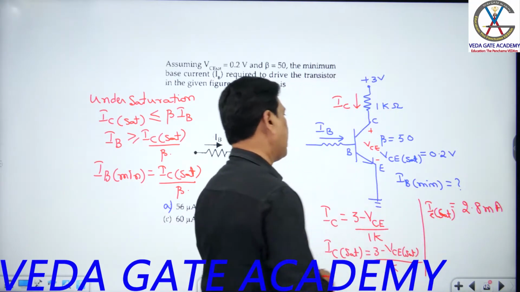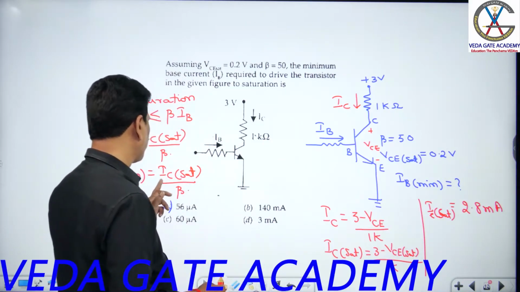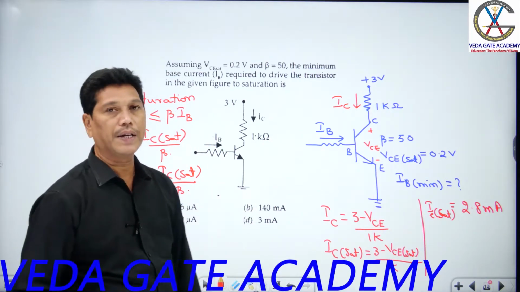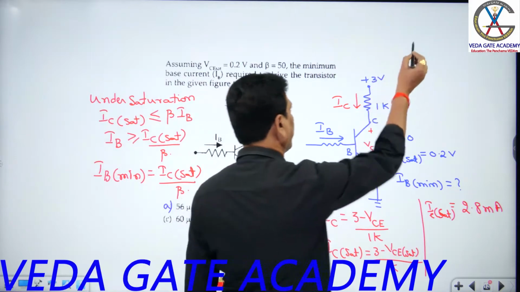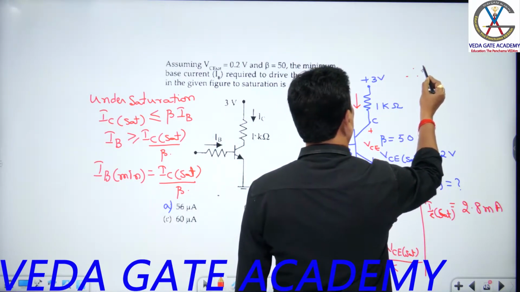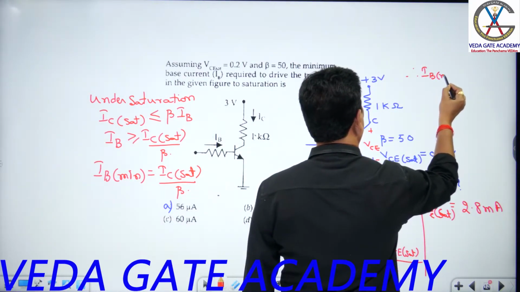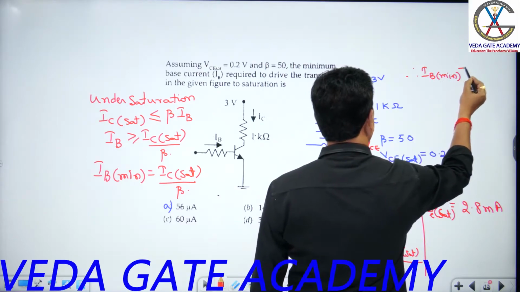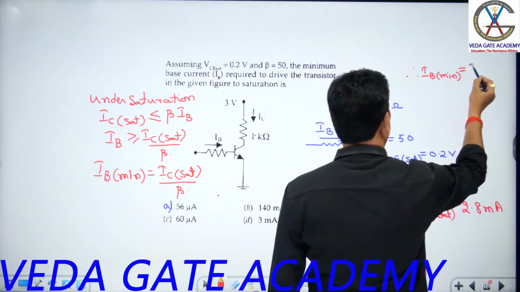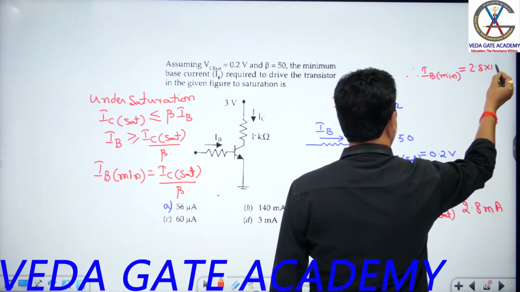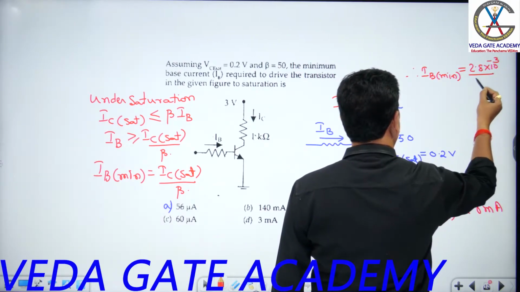So 2.8 milliampere. Now IB minimum equals IC saturation by beta, that is 2.8 into 10 power minus 3 by 50.